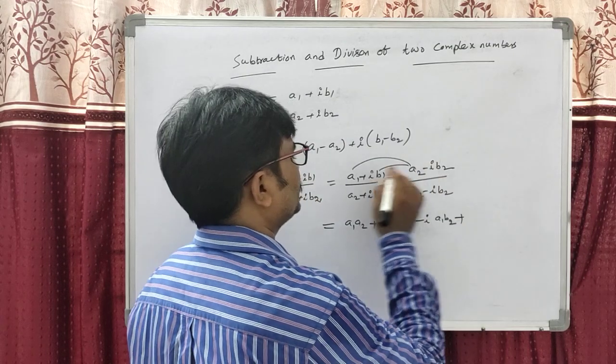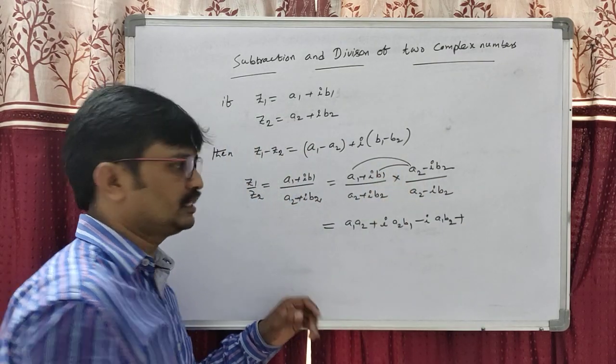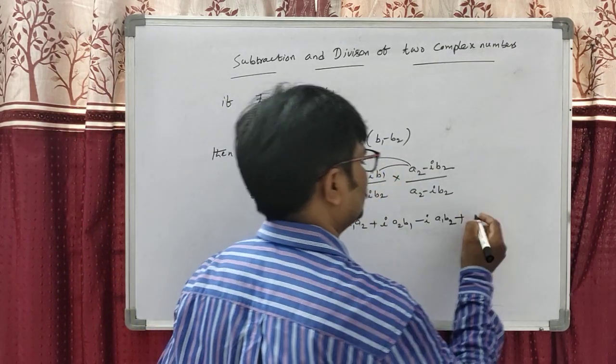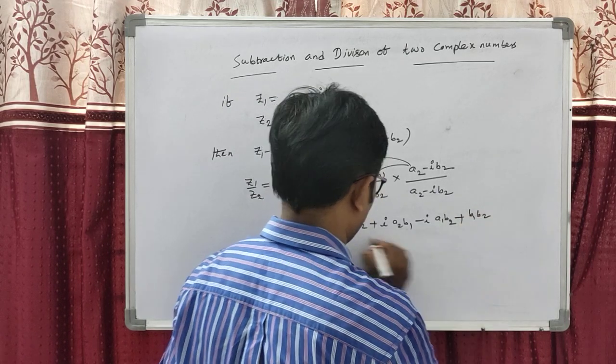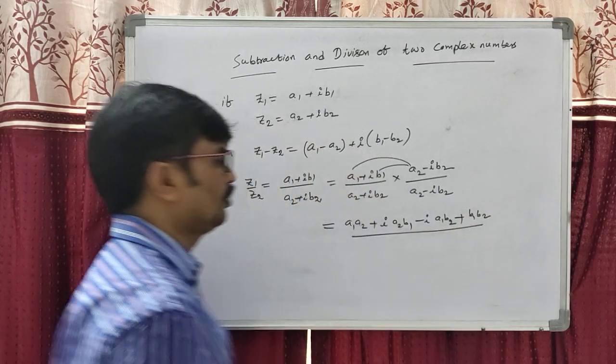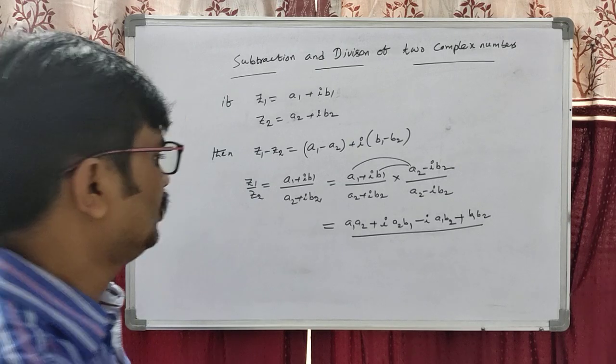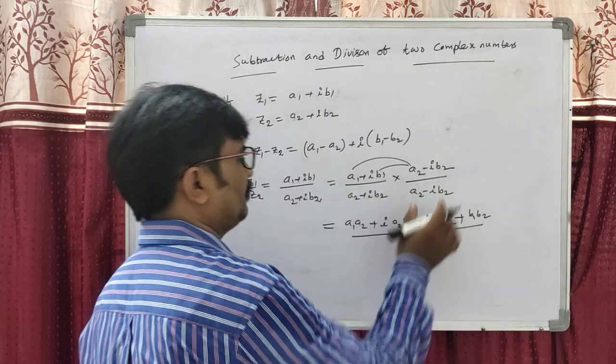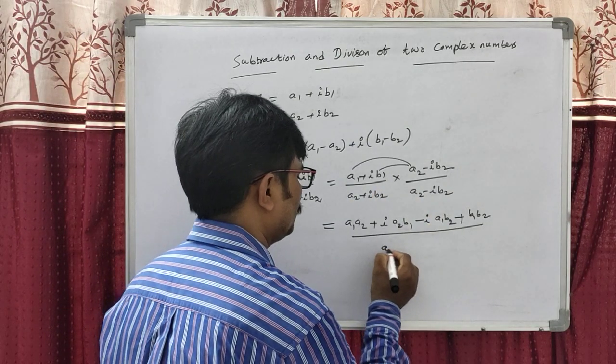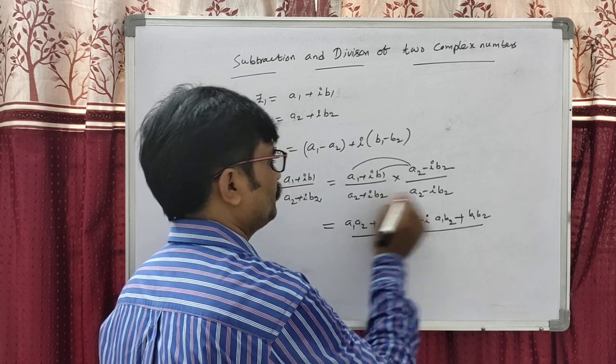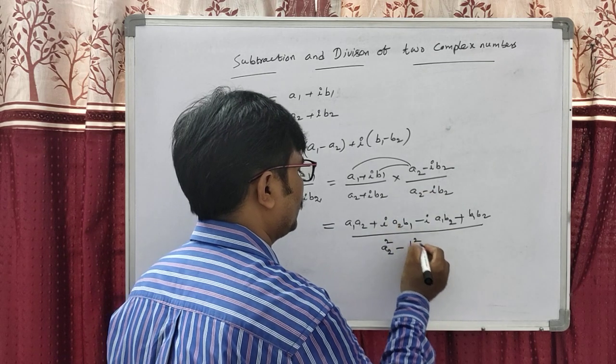Finally, i into i is i square, which is minus, so minus times minus is plus, that is b1 b2. The denominator will be a plus b into a minus b, that is a2 square minus b2 square i square.